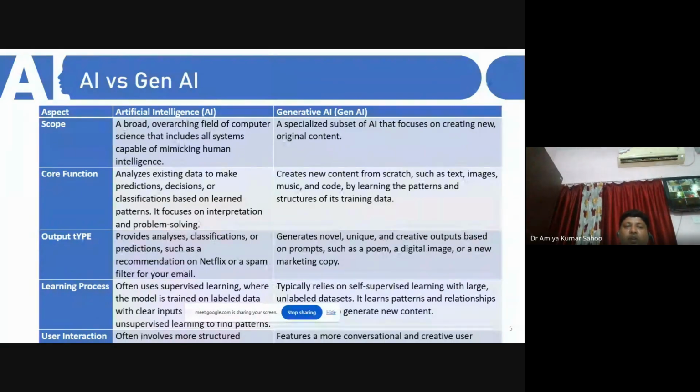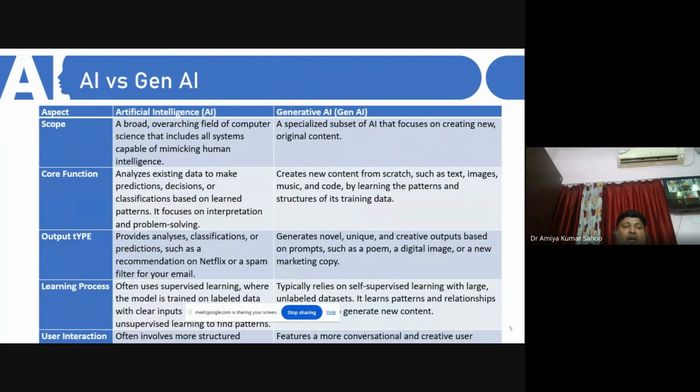This is the core function part of AI. If you focus on Gen AI, it creates new content from scratch, such as text, images, music, and code, by learning the patterns and structures of its training data. The data must be trained, and the data must be filtered in case of Gen AI.